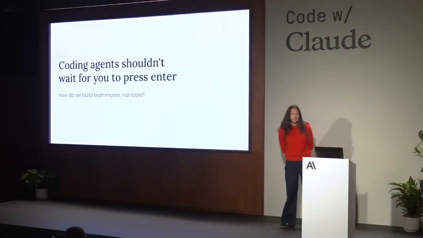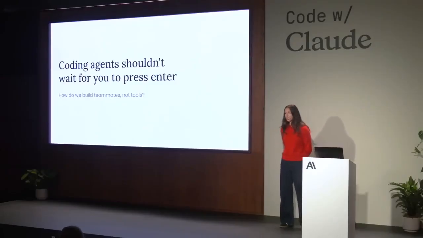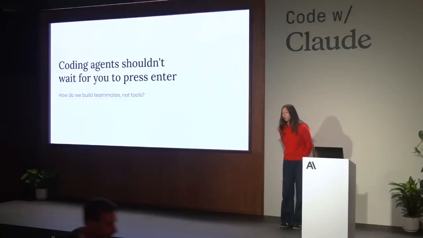A teammate notices when something breaks and does something about it. Right now, a tool waits for you to enter your prompt and actually press enter. So the goal of today's presentation is to talk about how we have created this feature called routines to take Claude Code from a tool today into the teammate of tomorrow.